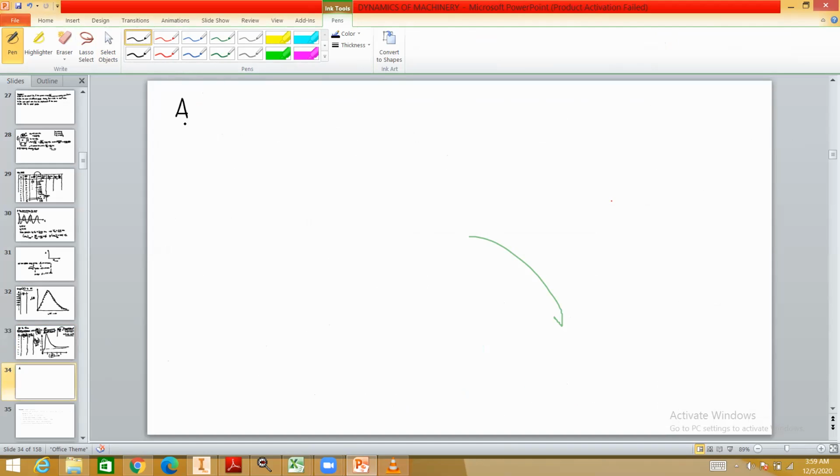So actually we need the graph A upon m0e upon M. So this m0 value, that is the eccentric mass, which is equal to 0.072 kg. E value is 8.737 times 10 to the power minus 3 meter.